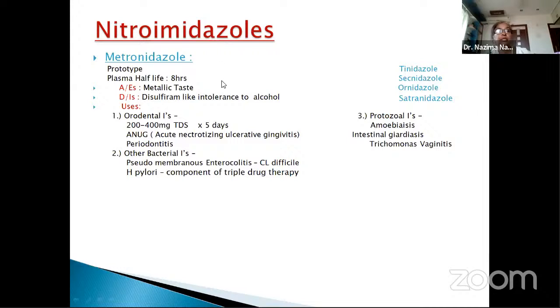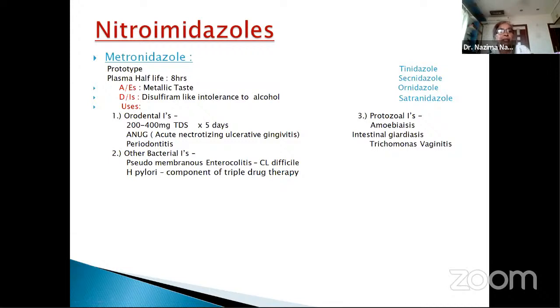That is the dosage we generally use in orodental infections. But generally this drug is not used alone. It is combined with other drugs which have activity on the other organisms. It is also used in periodontitis. So these are the uses of this drug in orodental infections.